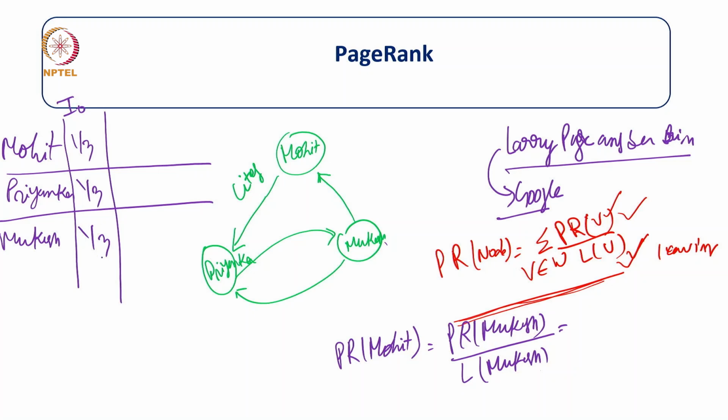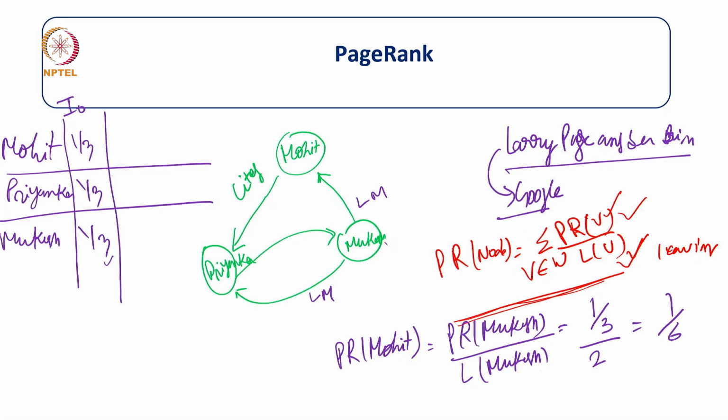The PageRank of Mukesh, the old rank, was 1/3, and the number of leaving links from Mukesh is 2: one is this L(M) and one is this L(M). So it will be 2. So it will be 1/6.